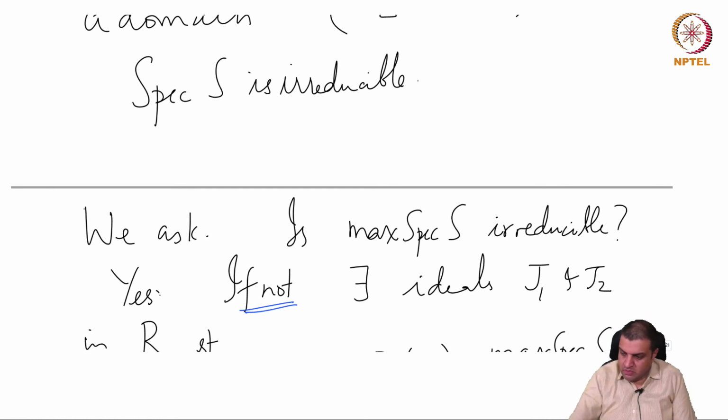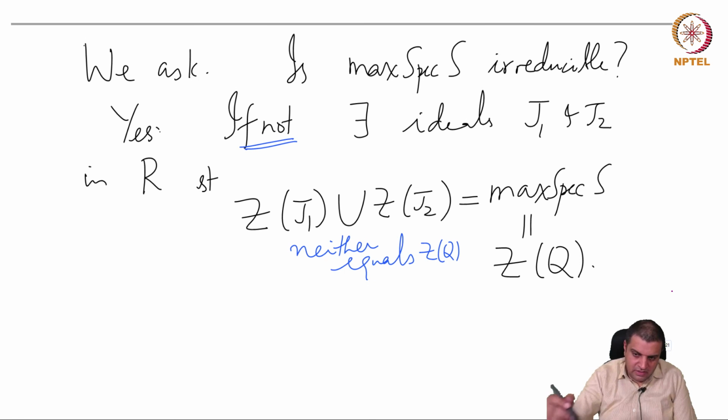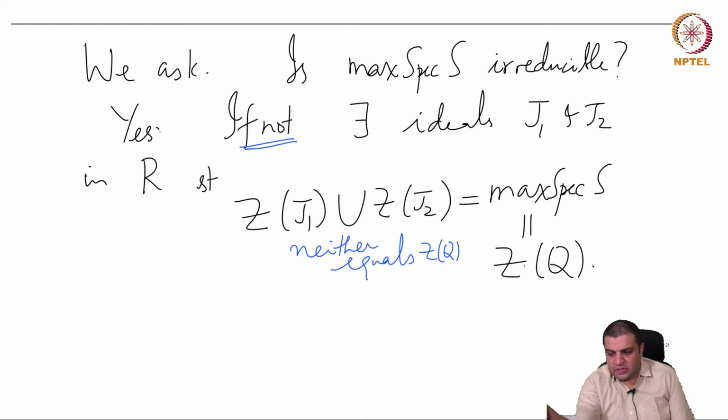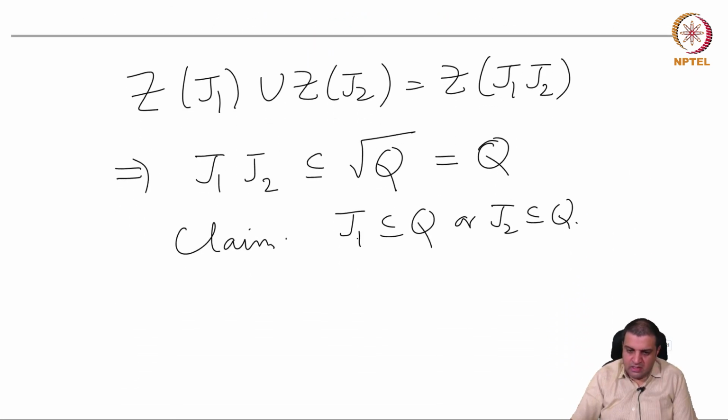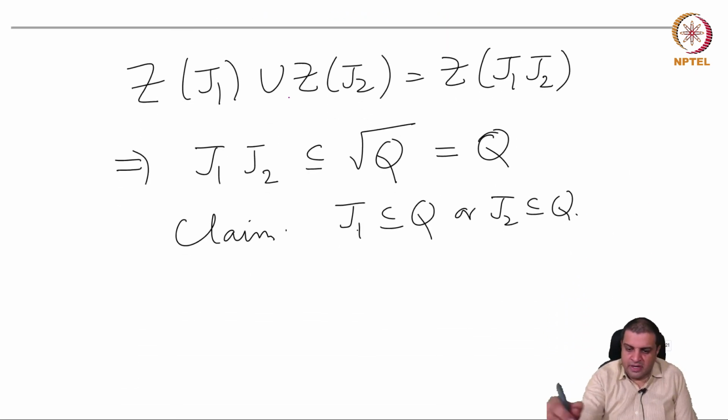The answer is yes. We go by contradiction: there exist ideals J1 and J2 in R such that their respective zero sets are proper subsets of max spec, Z of Q, but the union equals Z of Q. So then this is the product, and there is a claim, and we prove the claim.